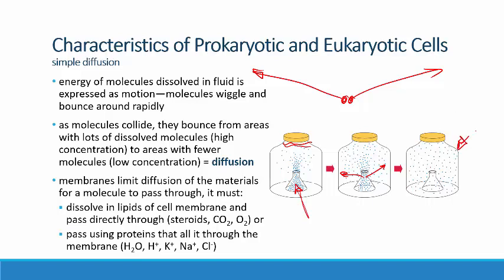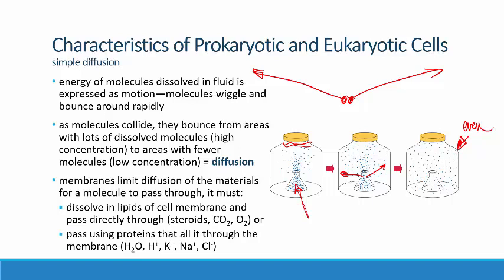At this point, the concentration of the dye molecule is the same throughout, and so diffusion can't happen anymore because there's no region of high concentration and no region of low concentration.